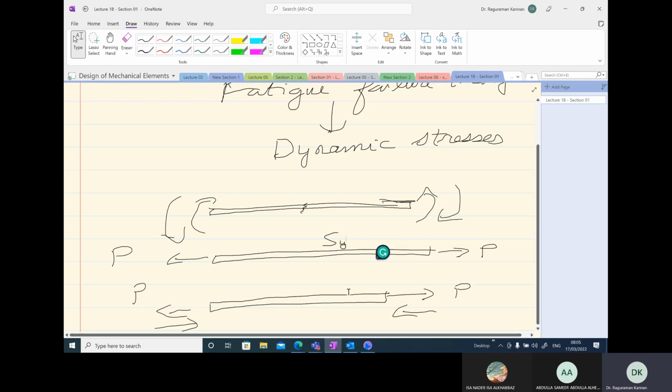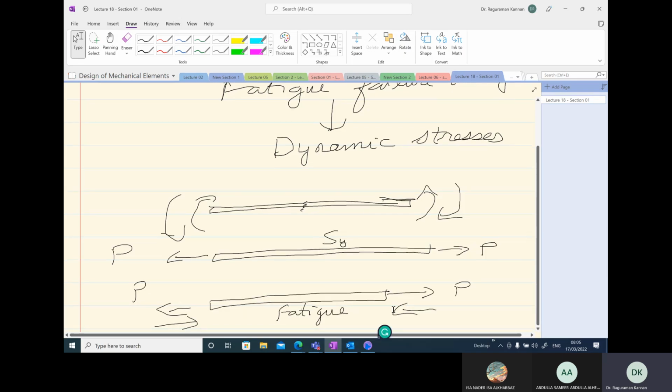So here we will deal with the fatigue phenomenon. When you apply tensile and compressive loads, or just tensile load, maybe you will not be able to apply compressive load on a thin piece of wire.